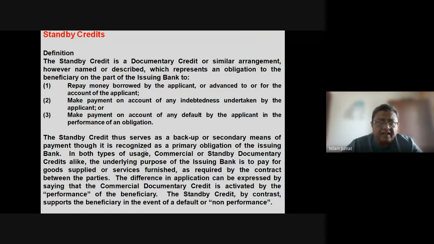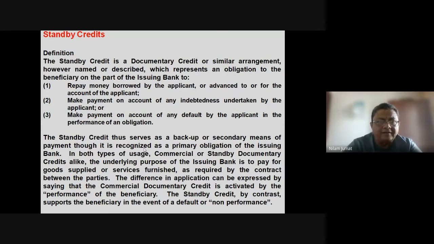Now the exporter is saying he has not performed. So how is the exporter getting the money under the LC? By telling that the importer has not performed. Then only he gets the money. If he says the importer has paid the money to me, he has performed, give me the money, they'll ask why you ask for money again. That can't be. If the importer has paid you every 2 months, why do you come and ask for money again?